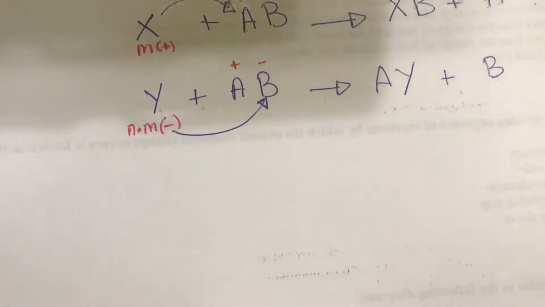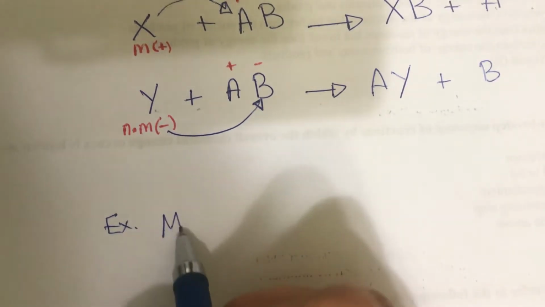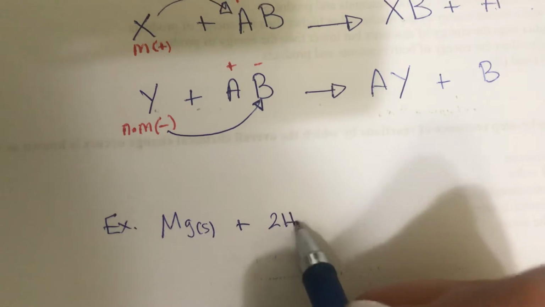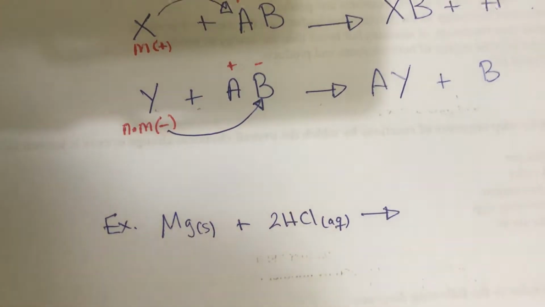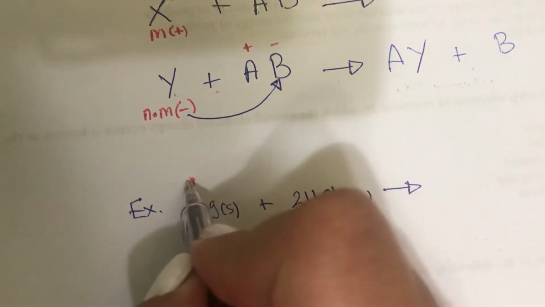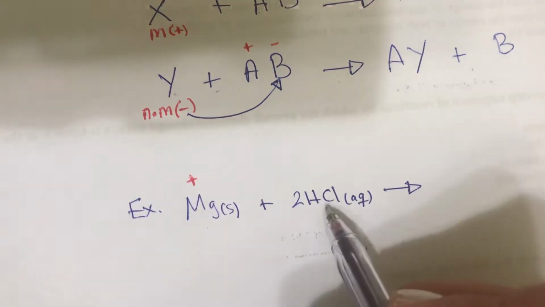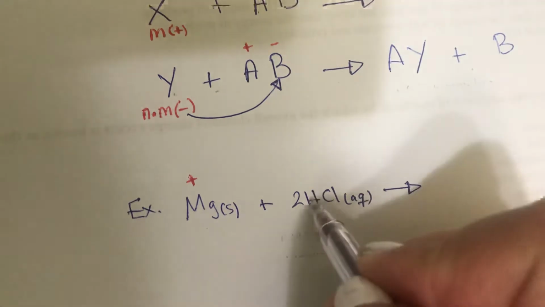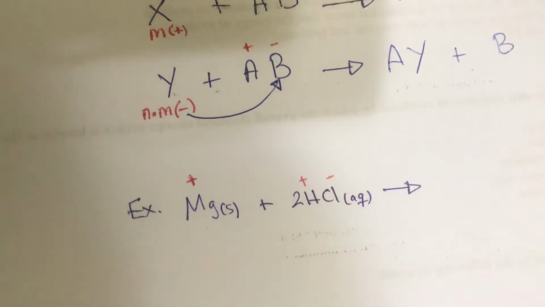So, an example: magnesium plus hydrochloric acid produce. Magnesium is a metal which carries a positive charge. According to the oxidation number lesson, hydrogen carries a positive charge and chlorine is in group 7 so it carries a negative charge.